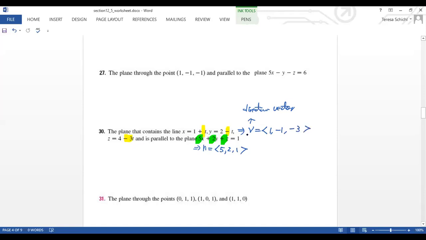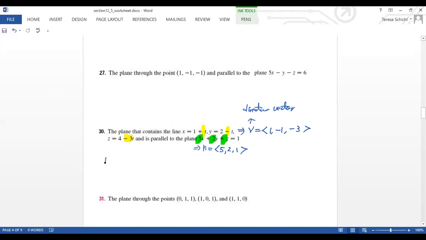So this is the one, and then we know these two planes are parallel, so this plane must also have a perpendicular normal line. Since this line is on the plane, this normal has to be the same normal as on this plane.